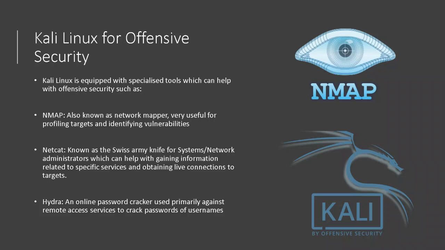Of course, as a network administrator, you can use Netcat to help you diagnose and troubleshoot a network. However, in our case, with the context of offensive security tactics, we make use of Netcat to send and receive malicious connections, which can assist us to compromise a network target.